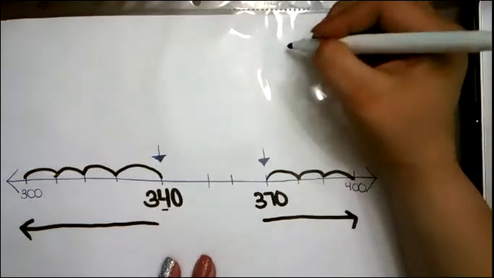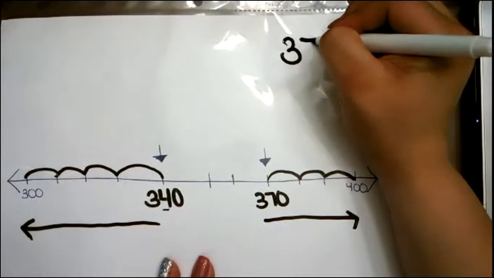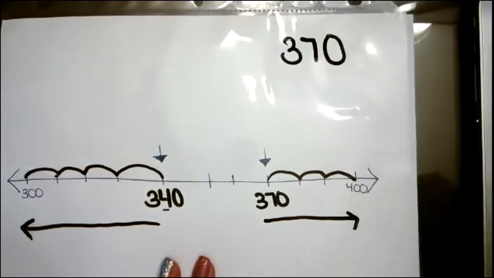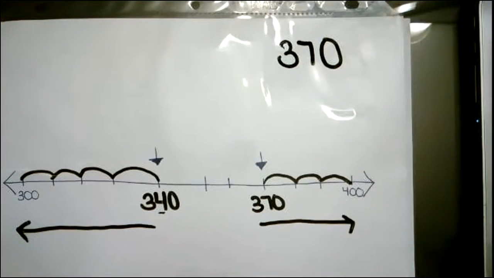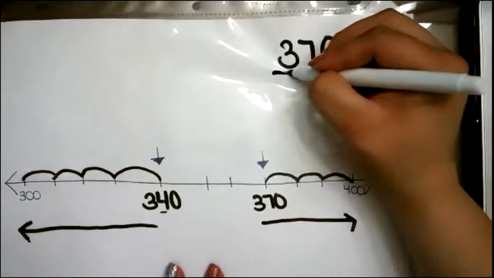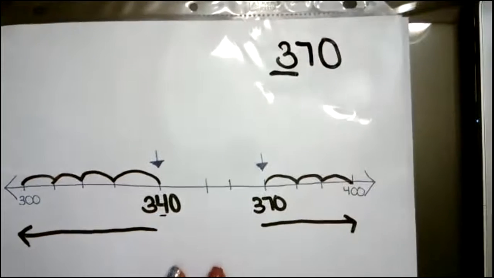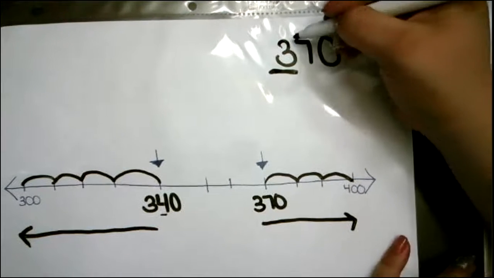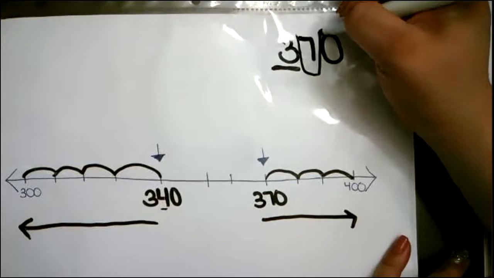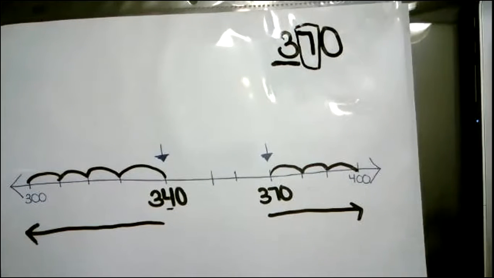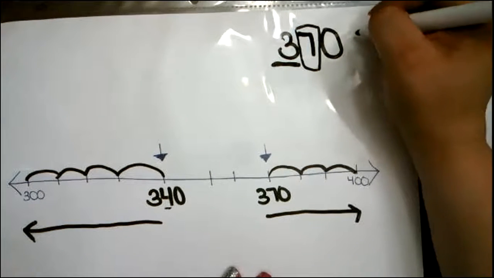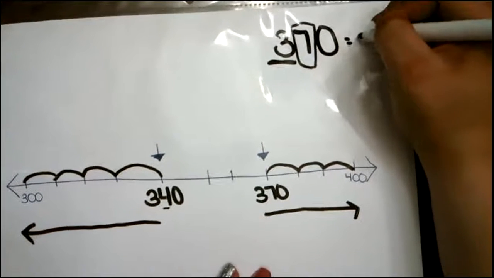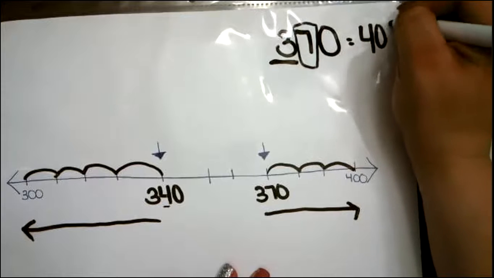And remember, friends, another way you know what the answer is for rounding to the nearest 100: you underline the hundreds because you're rounding to the nearest 100. Then you look to the neighbor, which is 7. Is 7 5 or more? Yes, so that tells us we're going to round to 400.